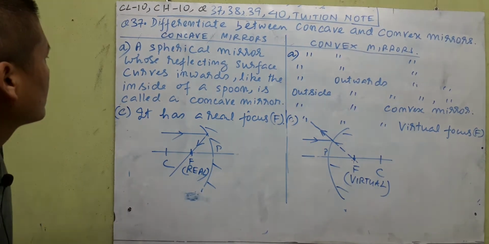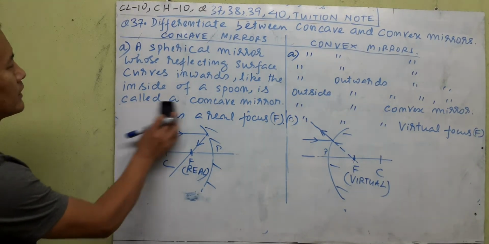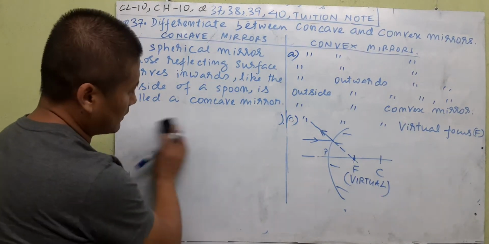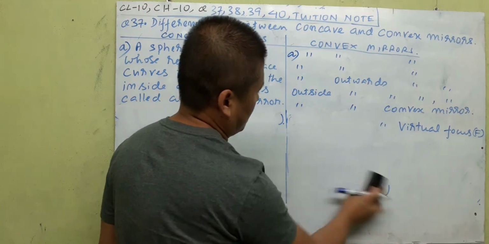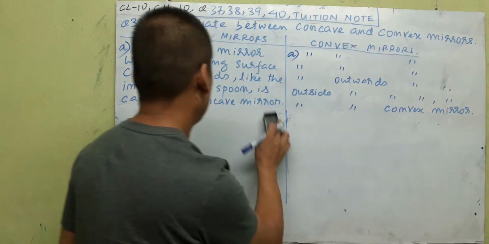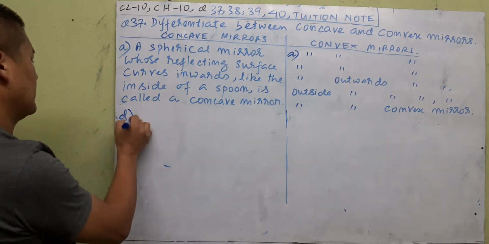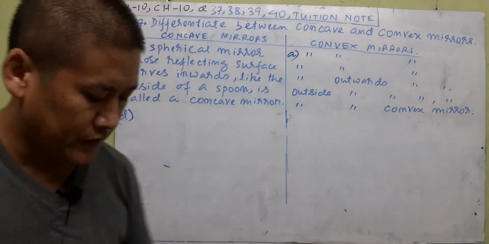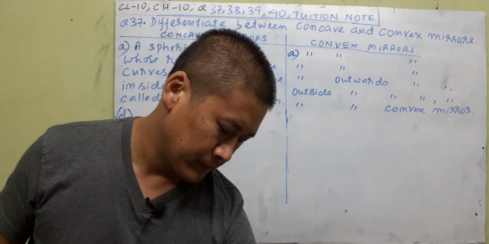Okay, so now point number D. Let us go to D. Point number D. This is the fourth point. 7 points we have on our note.